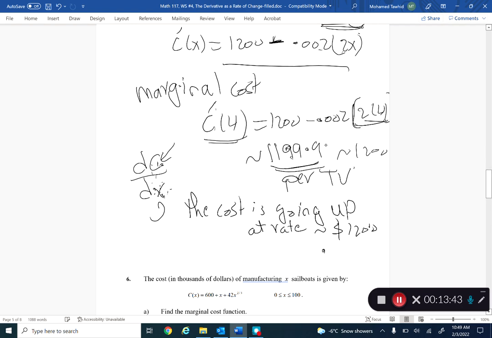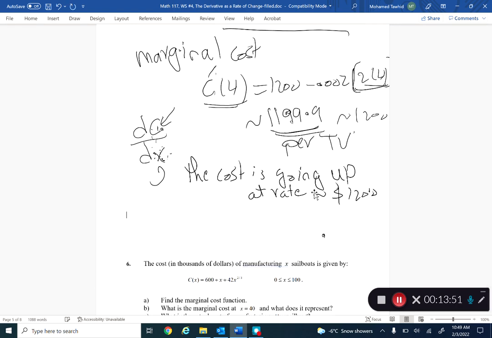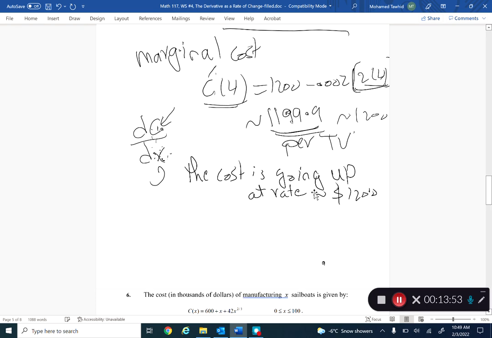If you want, I could also write here the exact cost of airing TV, the airing of the fifth TV. So that is kind of predicting the fifth TV.